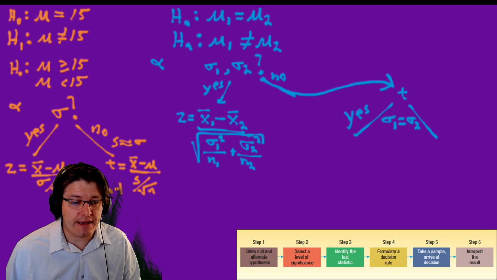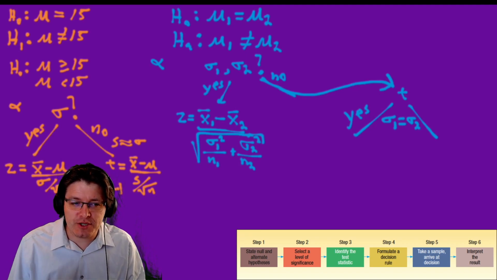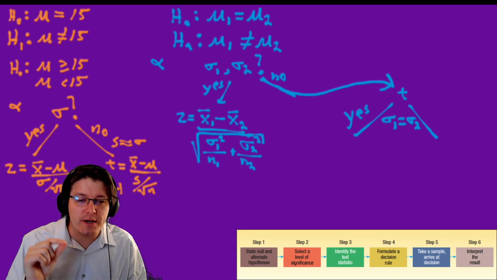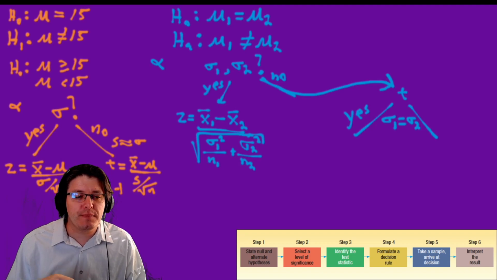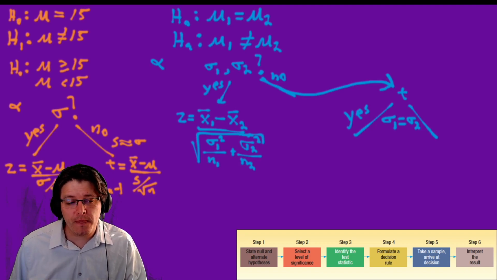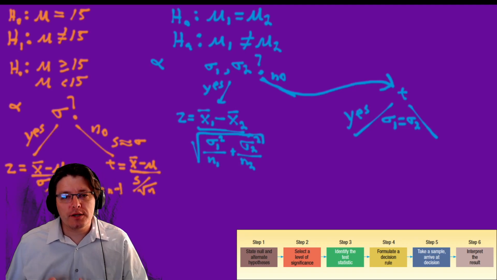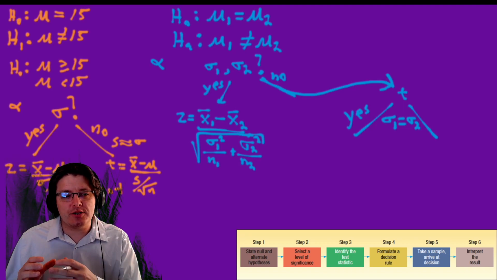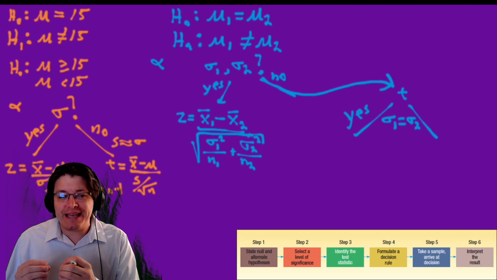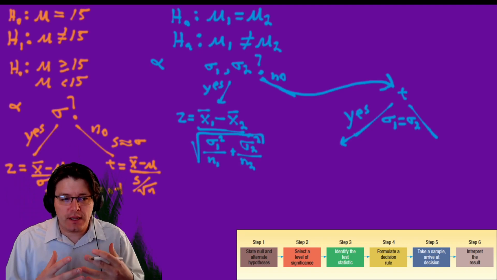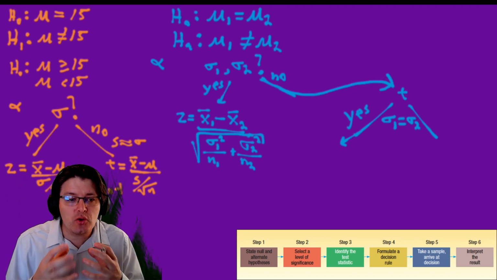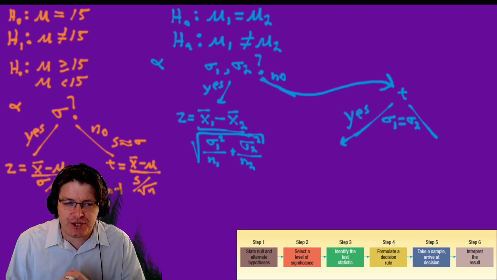Similarly, here in chapter 11, we don't know sigma 1 and sigma 2, but what do we know? We know S1 and S2. We have two samples. We take the first sample, we get an X bar 1. We also can get an S1. That's our estimate for sigma 1. Same thing for the second sample. So what this question says is, do we think sigma 1 and sigma 2 are the same? If they are, we'll do a certain calculation to use that information. That's kind of extra information there.